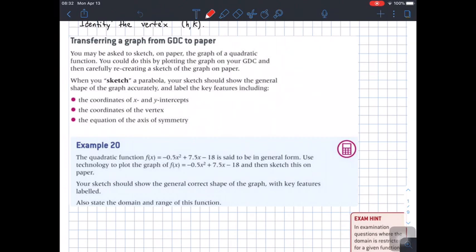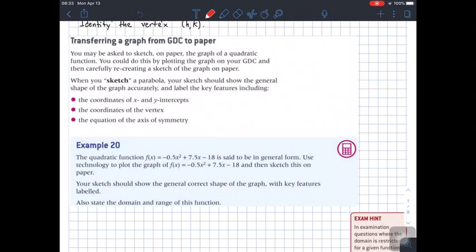When you sketch a parabola, your sketch should show the general shape of the graph accurately and label the key features, including the coordinates of the x-intercepts, the coordinates of the vertex, and the equation of the axis of symmetry.